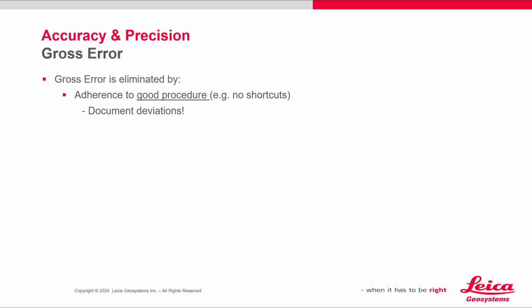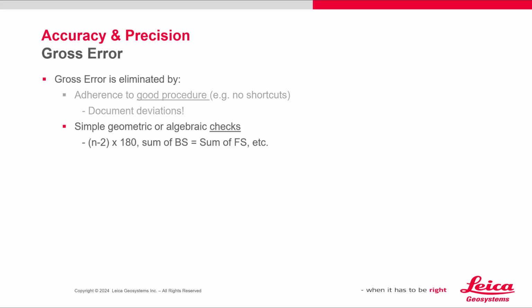Gross error is eliminated by adherence to good procedure and document your deviations. We talk about all the time whether or not we should keep a field book with the electronic world we live in. I believe that the field book should be a journal and definitely document deviations to the procedure so that everyone knows what happens.